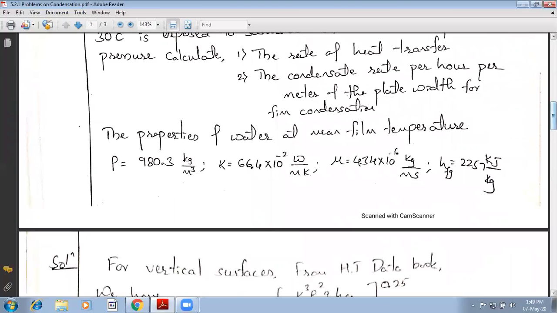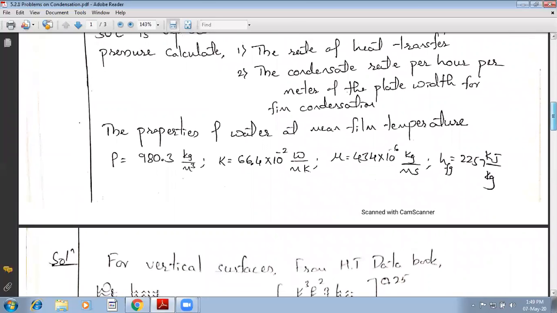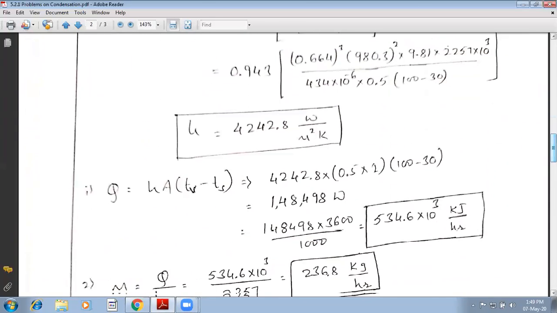So we need to consider the dimension of the vertical plate as 0.5 into 1. The same has been taken here. If you consider the temperature difference of 70 degrees Celsius, you will end up with the value of Q as 1,48,498 watts, which is joules per second. If you convert it into kilojoules per hour, you'll have a value of 534.6 into 10 to the power 3 kilojoules per hour.